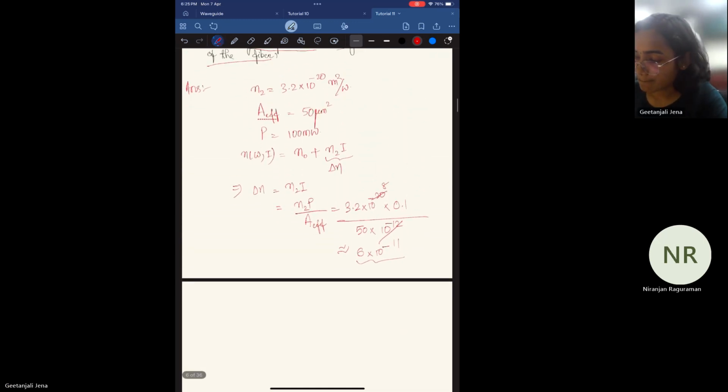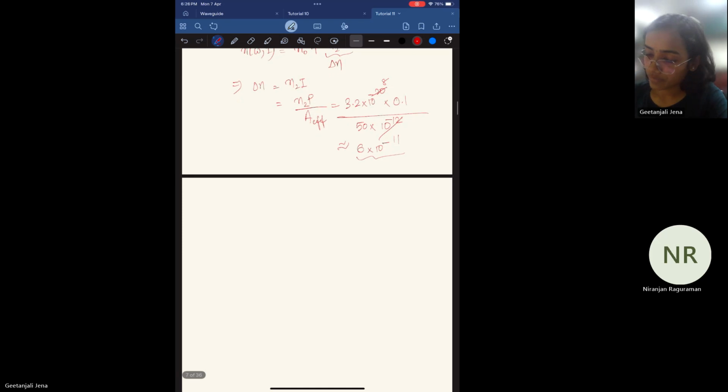So the change in the phase is nothing but delta beta into L, right? The change in propagation constant into the total distance covered. Delta beta you can write as K0 into delta n, multiplied by L. K0 is nothing but 2 pi over lambda 0.